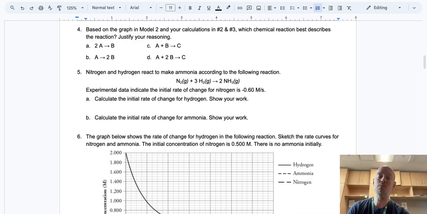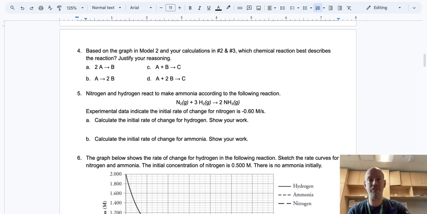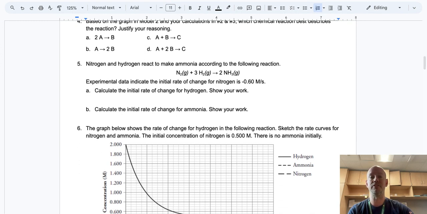If we see what the pattern is, we can see how one chemical, in this case nitrogen, impacts the rate, or how many moles per liter, molarity per second, is being consumed or produced for our other chemicals. When we have numbers here, we're looking at ratios, coefficients, a balanced equation.